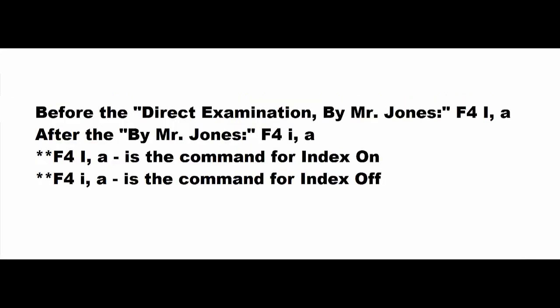For direct examination, cross-examination, redirect, in your transcript, you would hit F4, capital I, lowercase a. So that's turning on the index for the examination by. After it, you would hit the command F4 for index off.